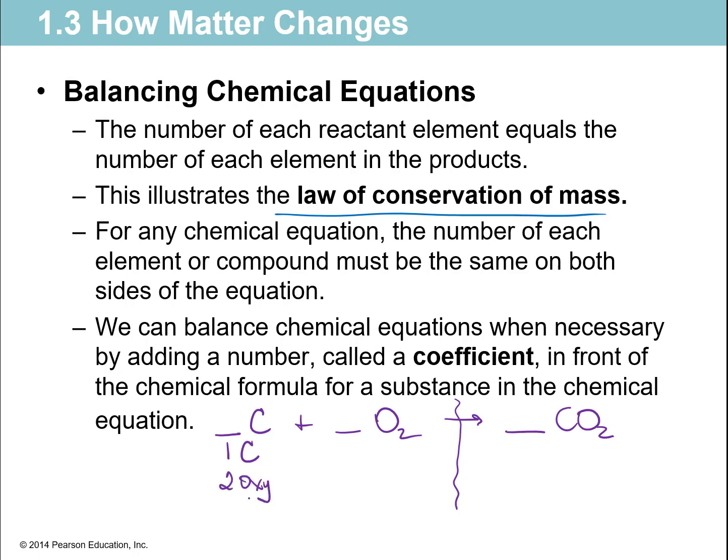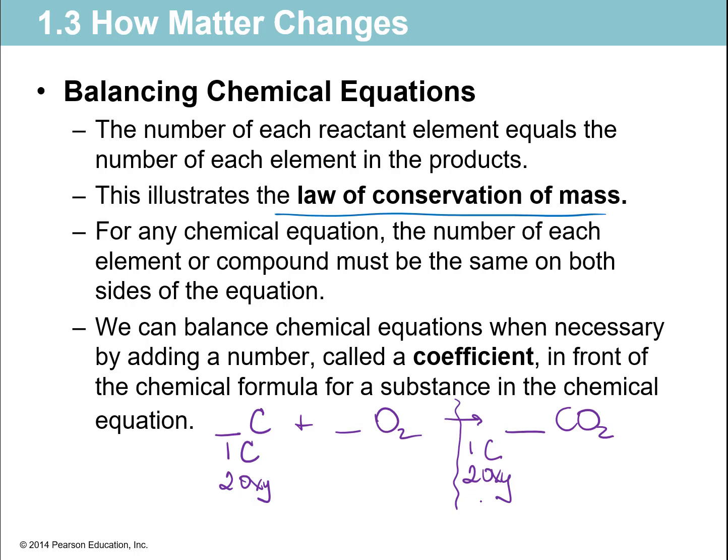Then I've got to do the product side too. So on the product side, I have CO2, which means that I have 1 carbon in the formula, and then O2 means 2 oxygen. So does everybody see where I got those? Okay, it's just the total number of atoms based on the formula.